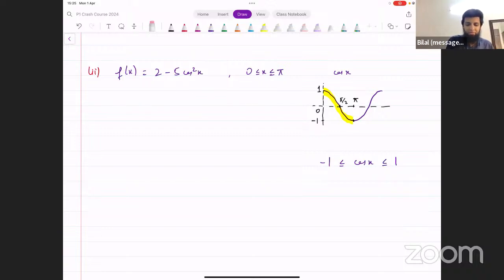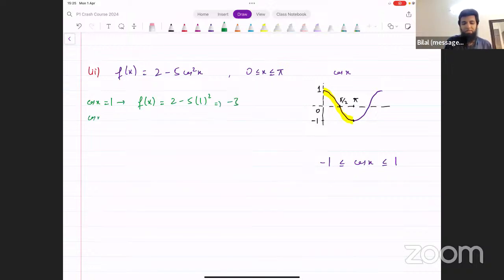Let's think about this. If I were to input cos x equals 1, let's see the result that I get from that. If I input cos x equal to 1, that gives me 2 minus 5 into 1 whole square, and that's -3.